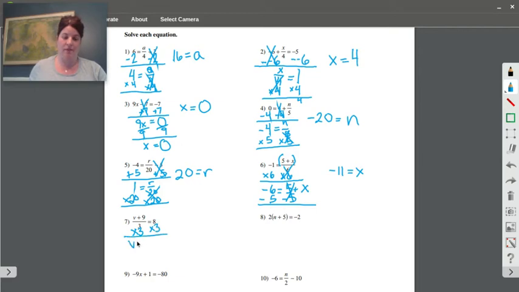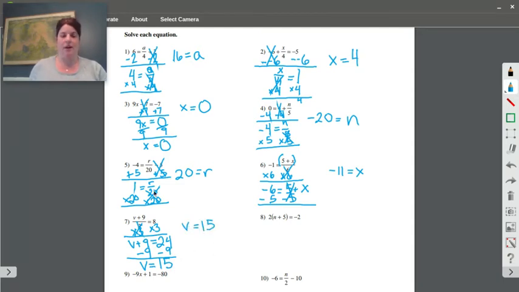And we end up with v plus 9, because those two cancel, equals 8 times 3, which is 24. And now we deal with that addition. So we subtract out that 9 from both sides, and we end up with v equals 15.